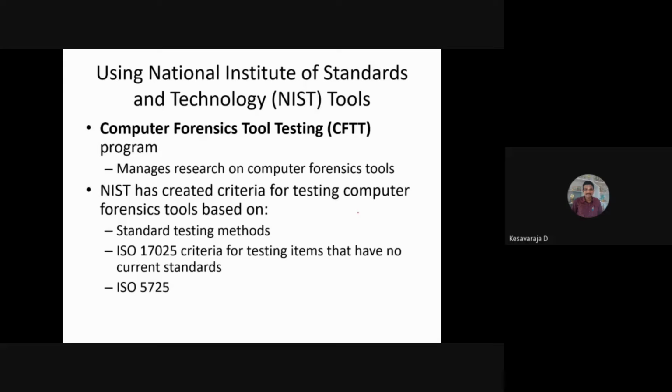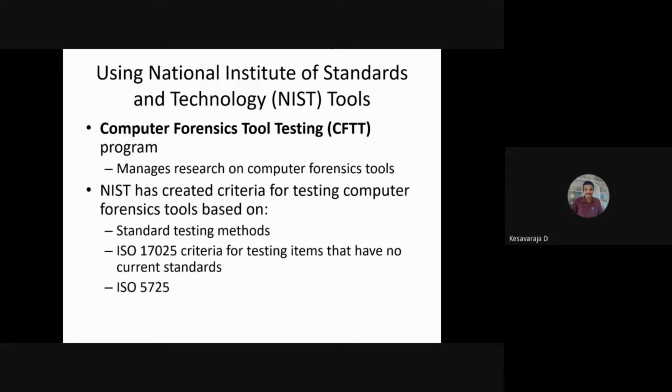For the validation and testing of software, the first one is called Computer Forensics Tool Testing, CFTT. It's one of the tools which will create a report. For example, if you are creating an entire image of your hard disk, comprising the Windows operating system, Microsoft Office software and some files, during image creation it automatically creates the hash code.